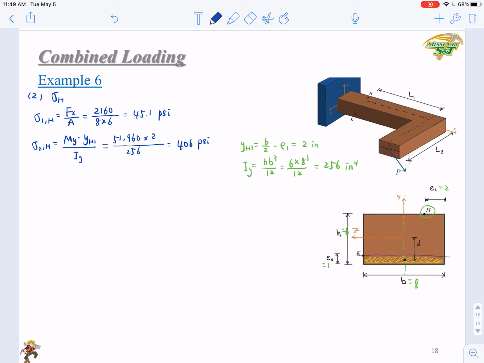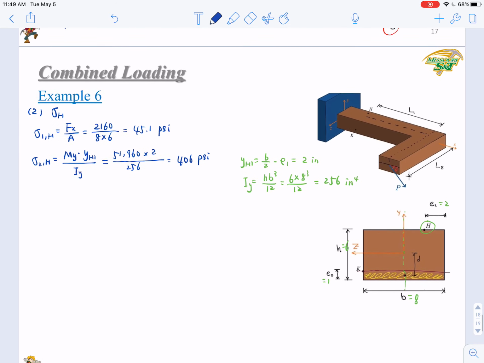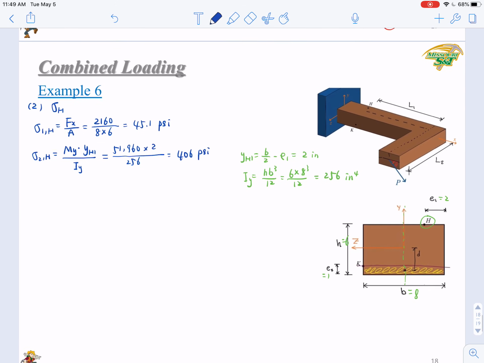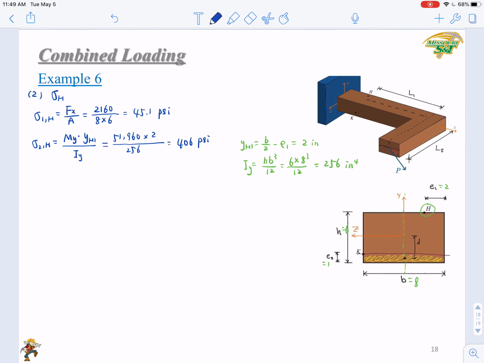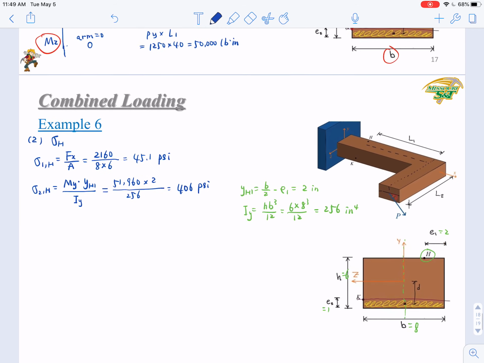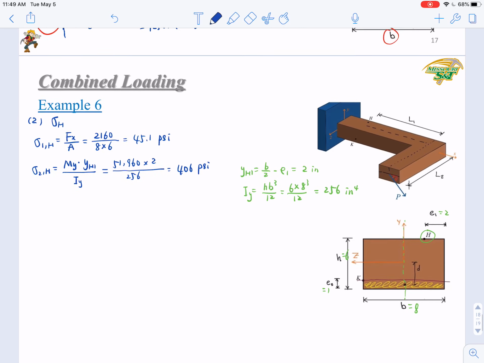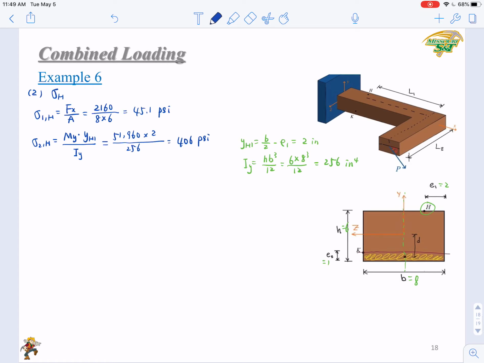So, okay, My is due to Px times L2. So what is the sign at this point?